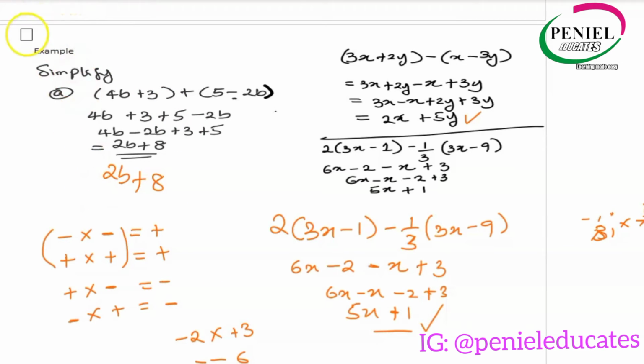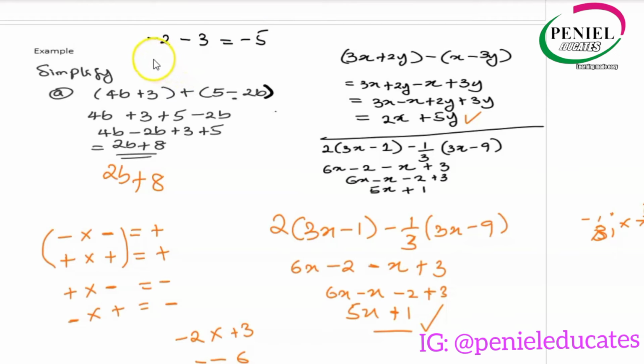Okay, and then another one that is also worthy of saying here is that these were just the multiplication, but in addition, when you have a minus 2 and minus 3, that is going to give you a minus 5. Minus is going to be minus.